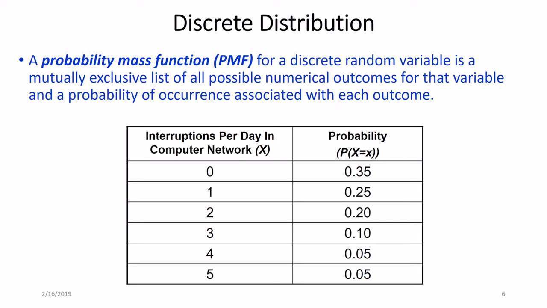The outcomes may be 0, 1, 2, 3, 4, and 5. In the other column, we have the associated probability. Basically, it is the probability of the variable X taking the value on the left side, and the sum of all the probabilities on the right side is equal to 1.